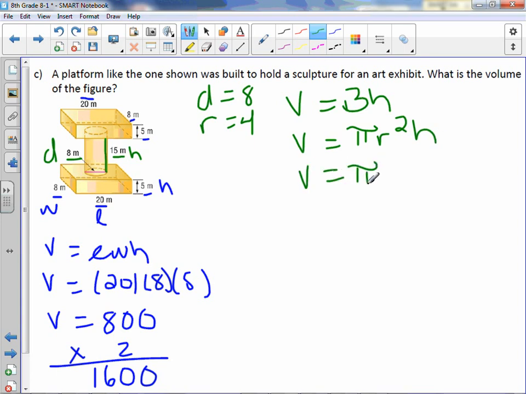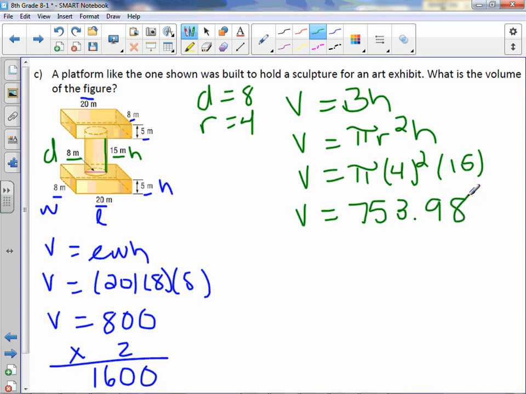Volume equals pi, radius is 4. The height of the cylinder is 15. Don't confuse that with the height of the prism. Plug those in your calculator. So pi times 4 squared times 15 is 753.98.